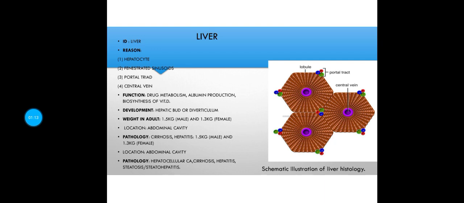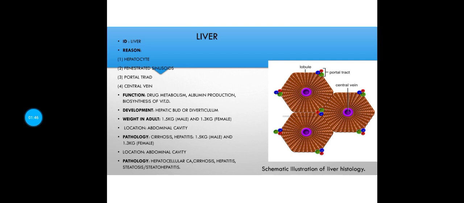So the reasons for identifying the liver on histology: the first one is the hepatocytes, second one is fenestrated sinusoids, third one is the portal triad, fourth one is the central vein. The functions of the liver are drug metabolism, albumin production, biosynthesis of vitamin D. The development of the liver is from the hepatic bud or the hepatic diverticulum.